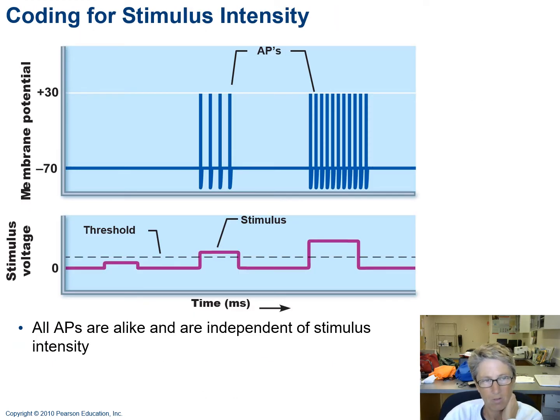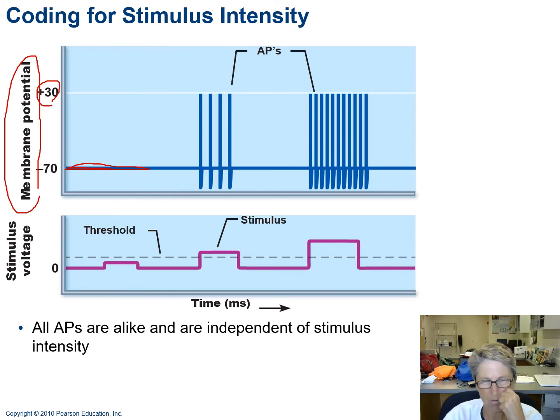So this is a slide that says coding for stimulus intensity. So remember, you can have a stimulus that will cause an action potential to fire. In this graph, the y-axis is membrane potential, again in millivolts. So there's your resting membrane potential at minus 70 millivolts. Here's plus 30 millivolts. And then these are action potentials firing.